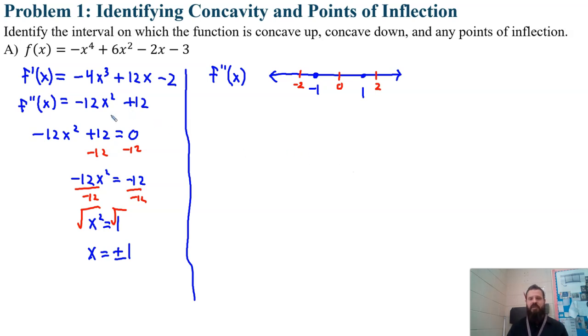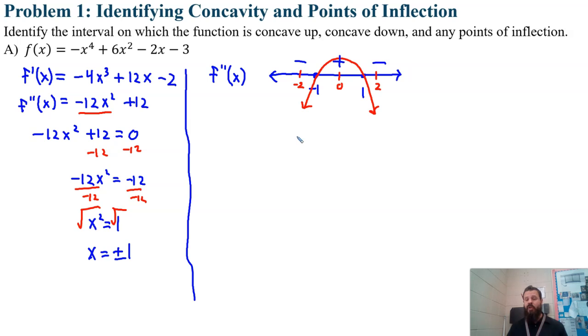Or, since I know this derivative is just going to be a negative quadratic, looking at this first term, I know it's going to have that upside down parabola shape, which is going to be greater than 0 between negative 1 and 1, and less than 0 below negative 1 and less than 0 above 1. Okay, so again, you can plot points, or if you have something simple you can graph quickly, you just throw the graph up there.